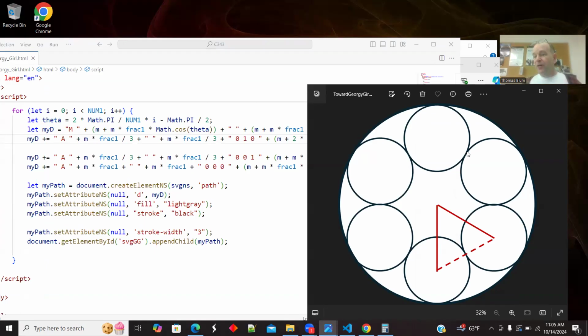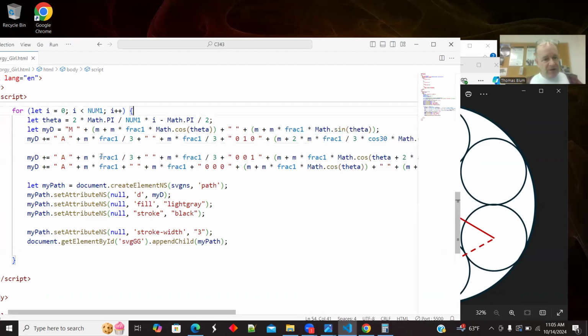Then I take over on the next circle, and I'm going along here. And so that is another radius of the third, and a different one, because now I'm more outside the circle than inside the circle.